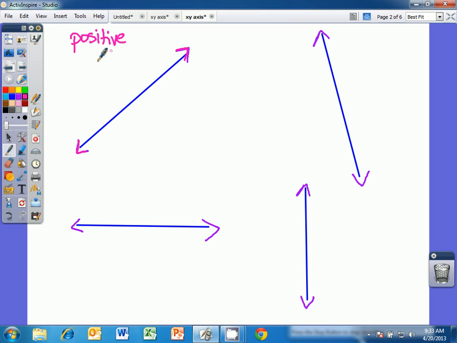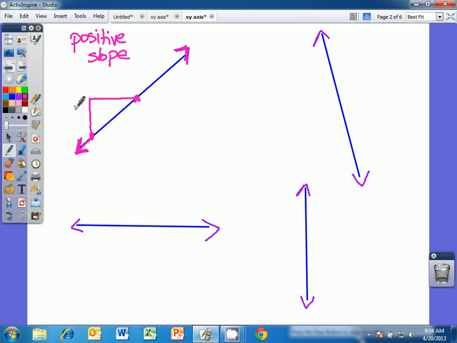If I start on the left and I follow the line, I'm going upward from left to right. If I walk the line from this point to this point, I am going to walk up, positive direction, to the right, positive direction.